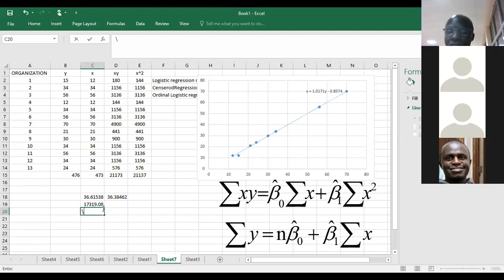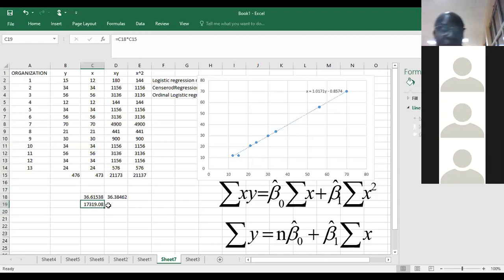Isn't it? 17,312, yeah, because of rounding. Just remove the bracket in the first term and give me the result. The other one is fine.